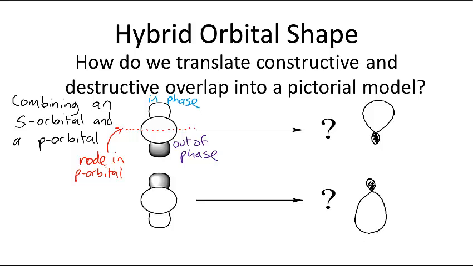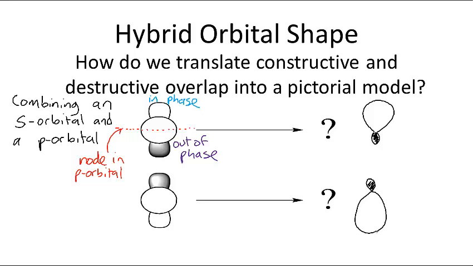All right. So I took my s orbital and my p orbital and I combined them. And I got two new orbitals that point in opposite directions. What kind of geometry would that be helpful for? Having two orbitals that point in two opposite directions.